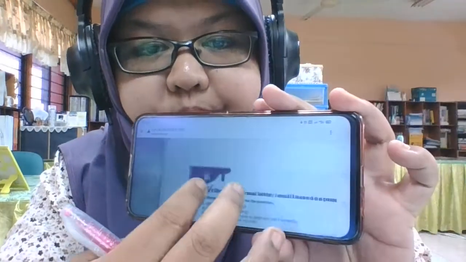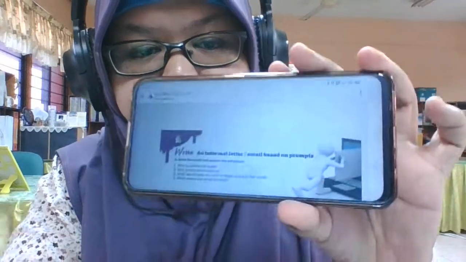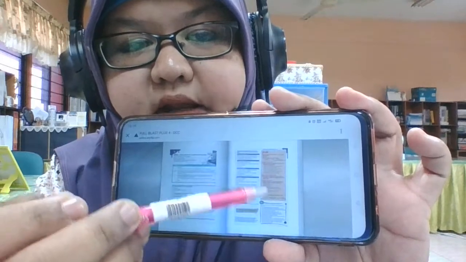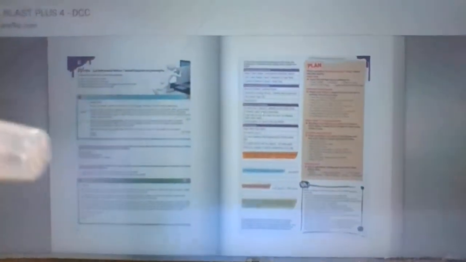Now for today, we are going to look at page 18 in the textbook, and page 19. This is page 18, this is page 19.